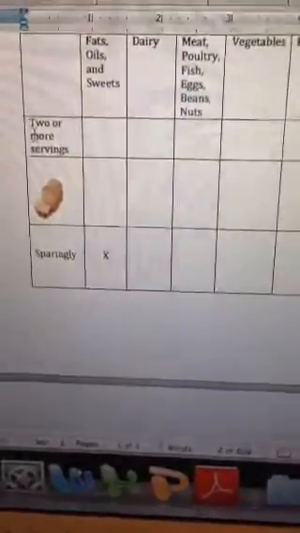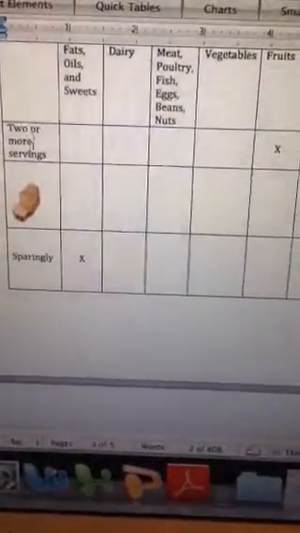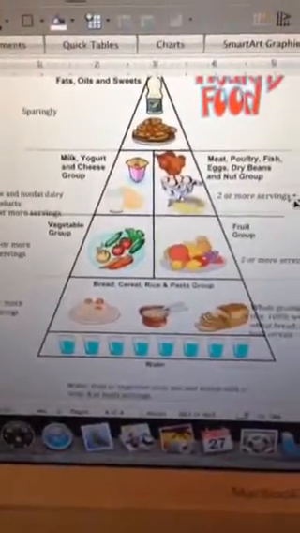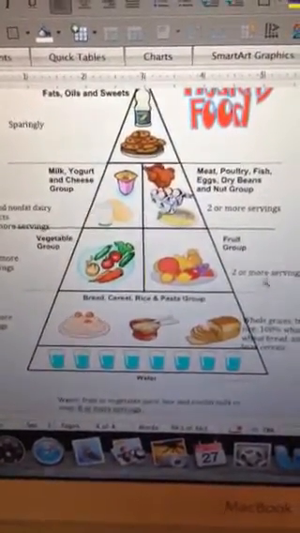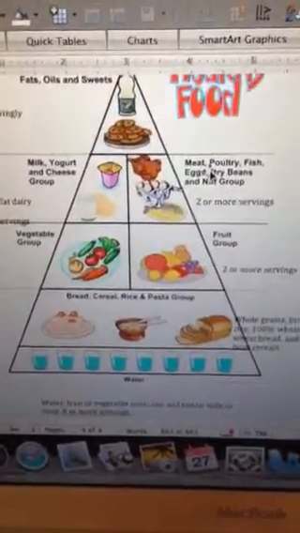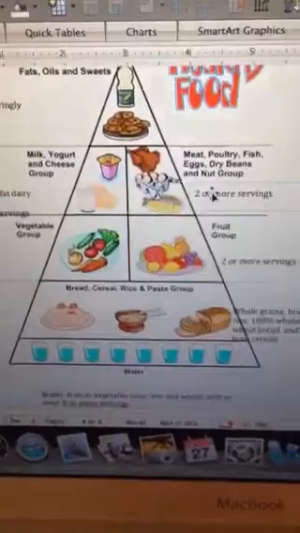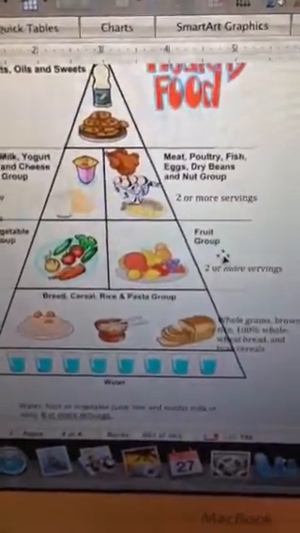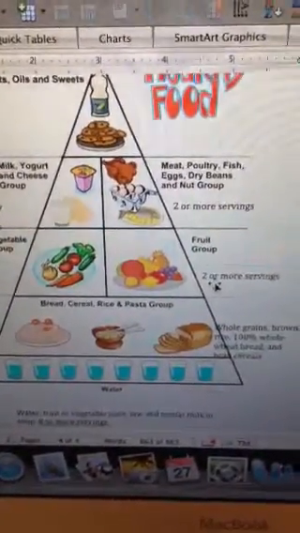So, you're going to read the serving size, so 2 or more servings. If we go back to our food pyramid, we can see that 2 or more servings has a couple different categories. So we can put X's. So we see that meat, poultry, and fish have 2 or more servings. And the fruit group also has 2 or more servings.